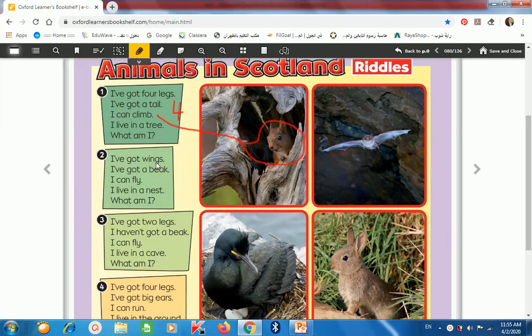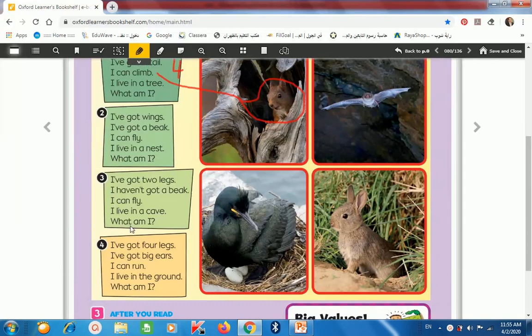I've got wings. Of course, you can see we have here bird and bat. They have wings. But which one of these? Let's see. I've got a beak. Of course, you know what does beak mean, okay?